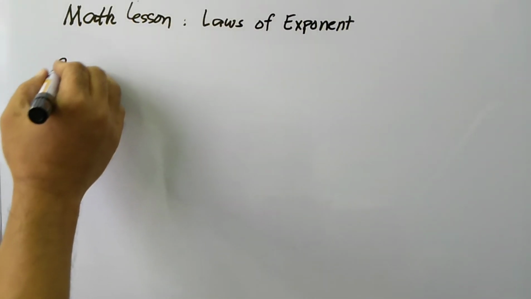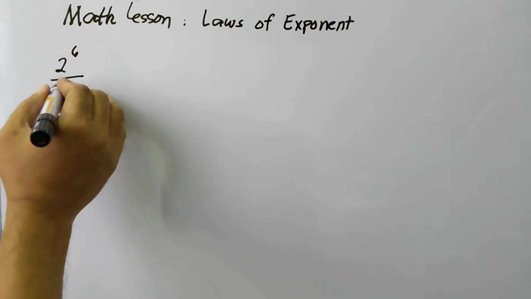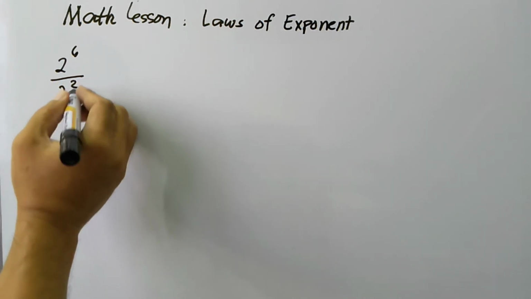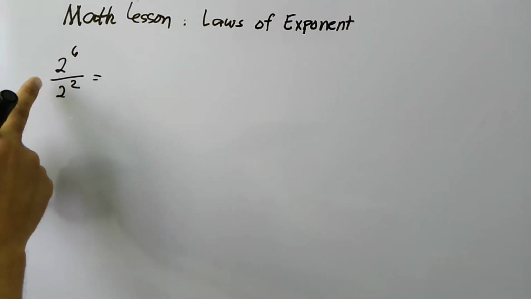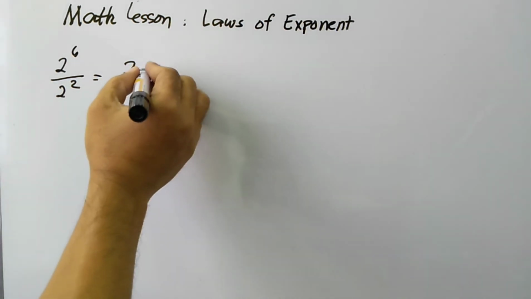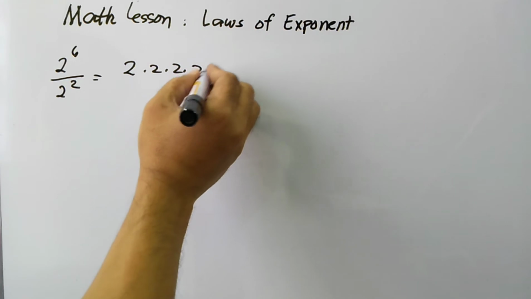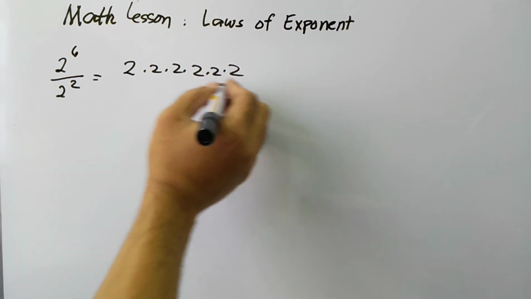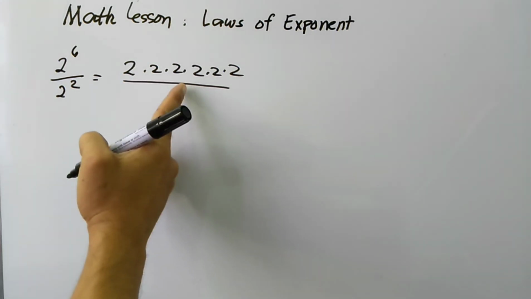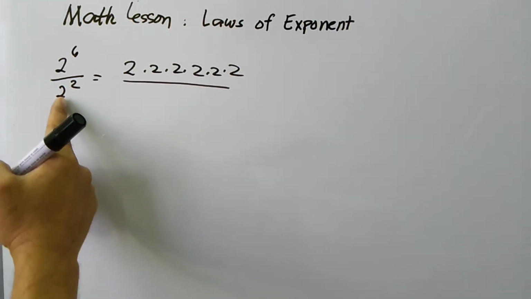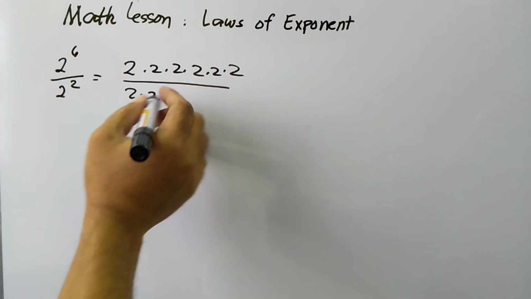Another situation, we have 2 raised to 6 divided by 2 squared. To answer this, we can apply law number 1. We say 2 times 2 times 2 times 2 times 2 times 2. We have multiplied 2 by itself 6 times. And then here we have 2 squared, that is 2 times 2.